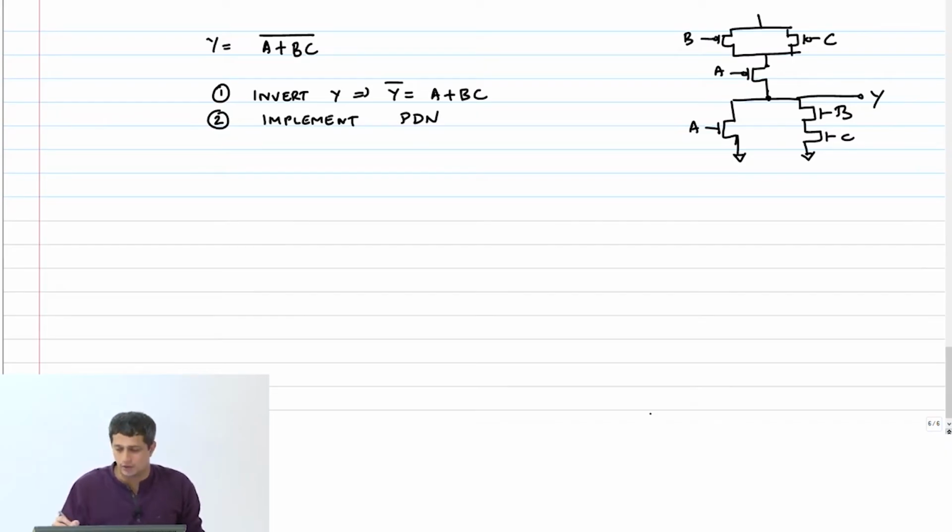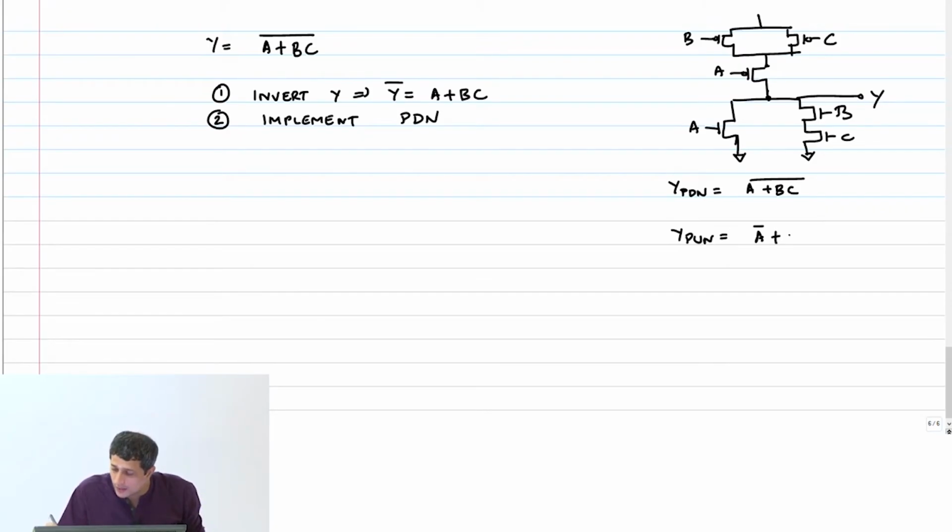Clear? So if you look at the function on the pull down network, Y PDN is what? It is (A + BC) whole bar, because it's going down to 0. The Y pull up network function is what?